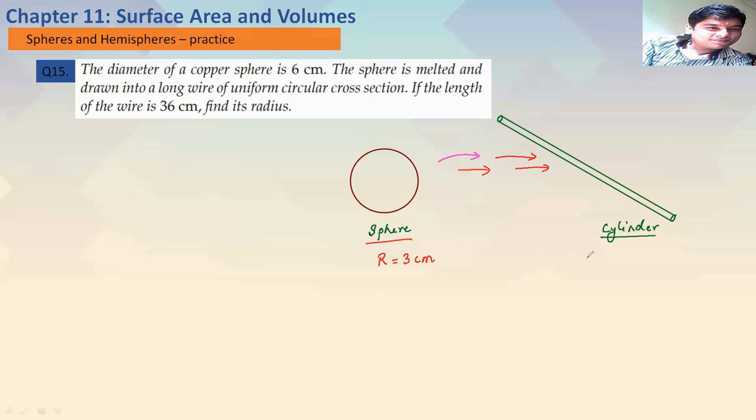What is the radius of the cross section? Cross section means this circle over here, right? This is called cross section. So radius of the cross section, what is it given as? Radius of the wire. Let's just keep it simple. Radius of the cylinder.